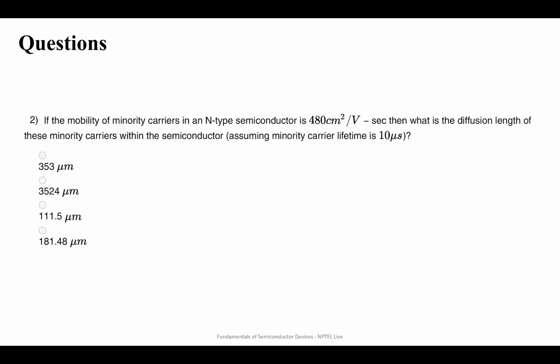Next question. If the mobility of minority carriers in an n-type semiconductor is 480 centimeter square per volt second, then what is the diffusion length of these minority carriers within the semiconductor? Assuming minority carrier lifetime is 10 microseconds.